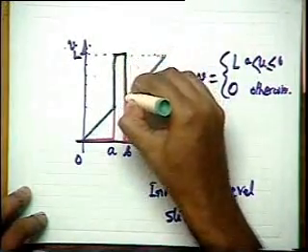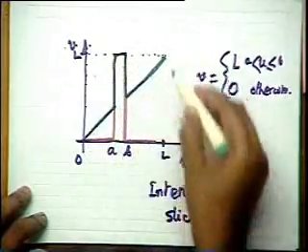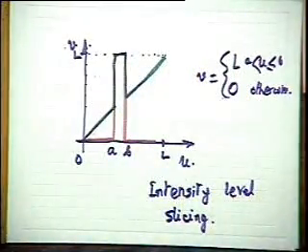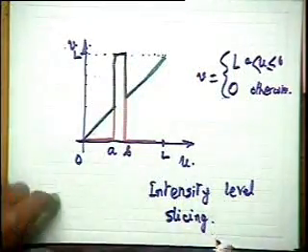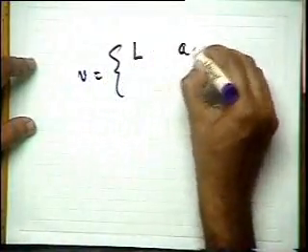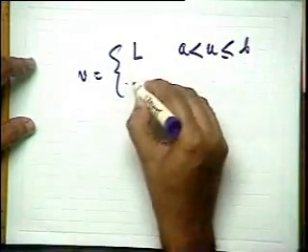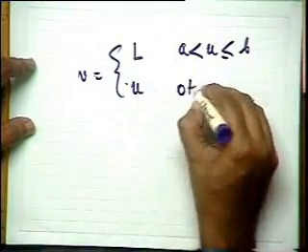The transfer function which I have just drawn with green can be written mathematically as V equal to L within limits A less than U less than or equal to B, and V is equal to U otherwise.